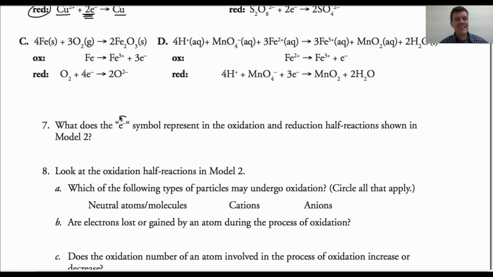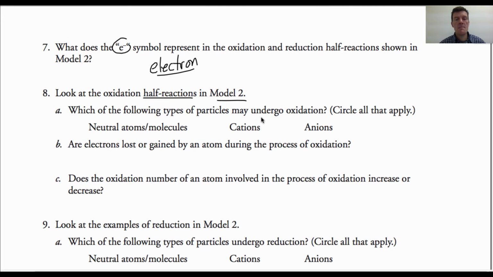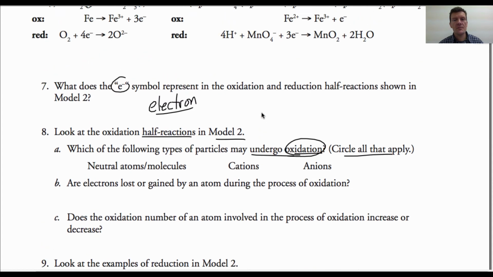What does the e negative symbol represent? Well, those are your electrons. Okay? Look at the oxidation half reactions in Model 2. Which of the following types of particles may undergo oxidation? Circle all that apply. So what they're saying is, let's identify some things that commonly undergo oxidation. Remember, oxidation is the losing of electrons. I told you that already, but let's see if we can verify that up here.